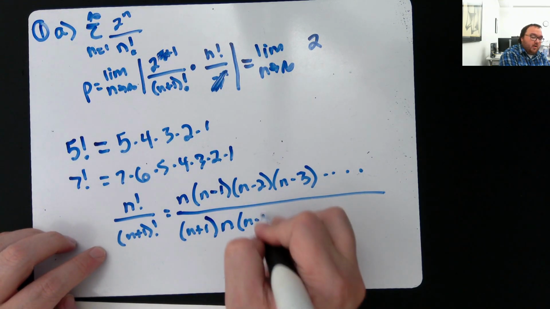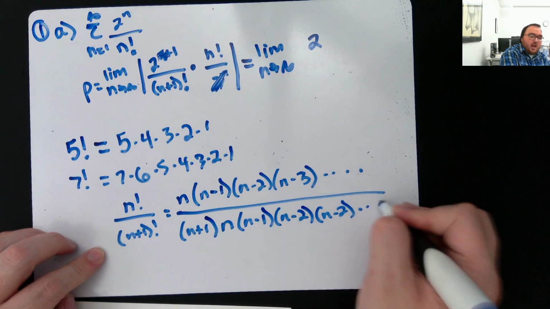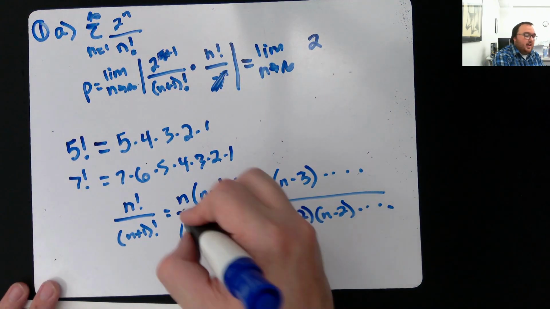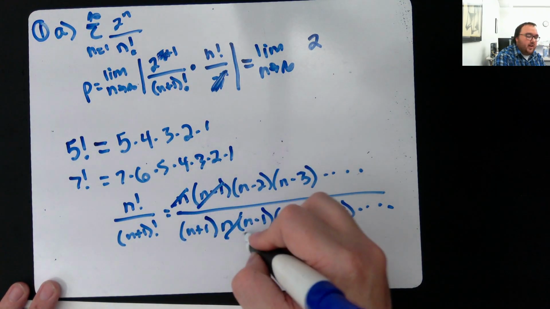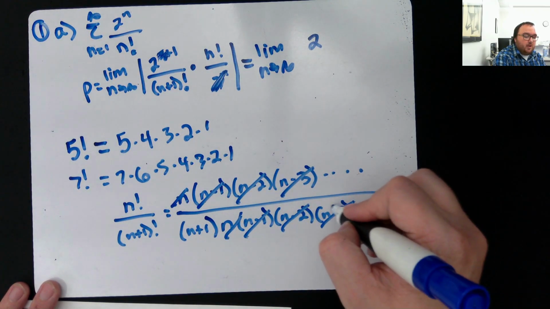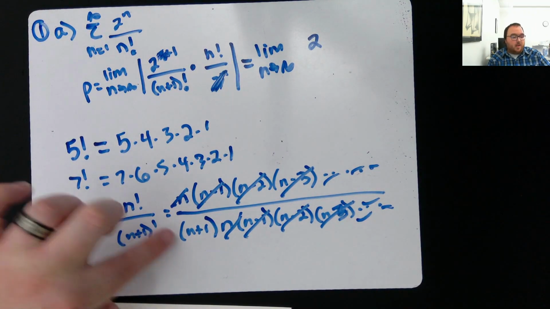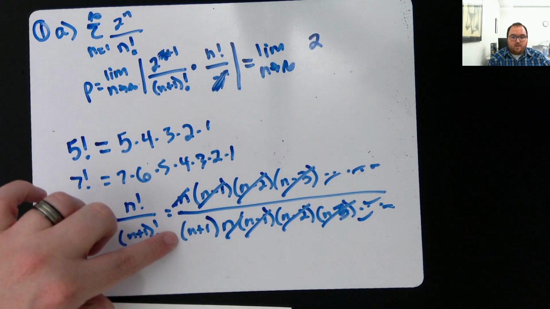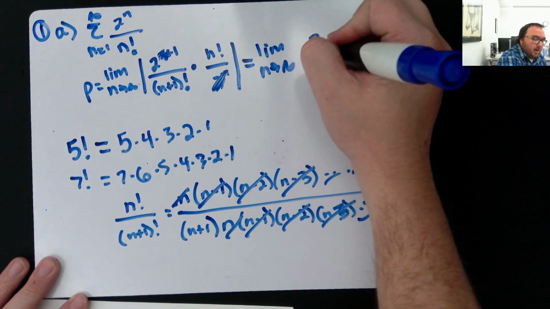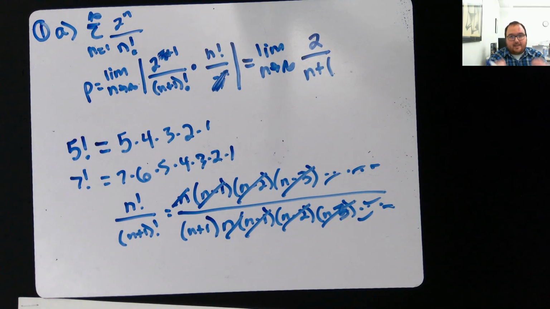Take away another one, take away another one, take away another one, and what do I see happens? n cancels out, n minus 1 cancels out, n minus 2 cancels out, n minus 3 cancels out. Everything's going to cancel out except on the bottom I have an n plus 1. So on the bottom I'm going to have an n plus 1.